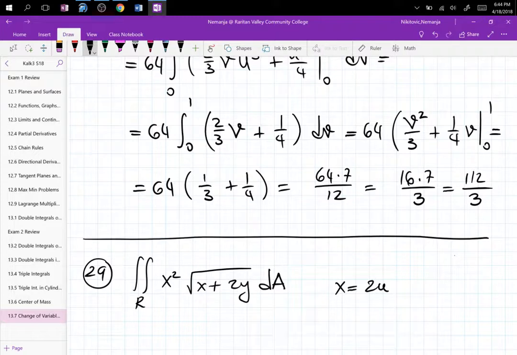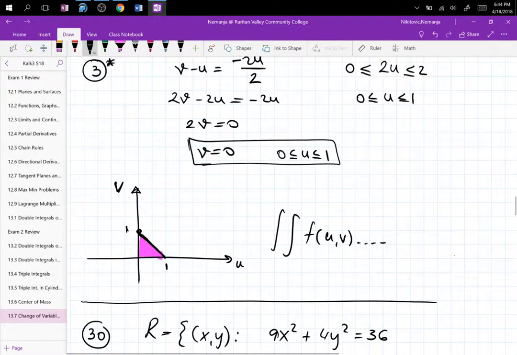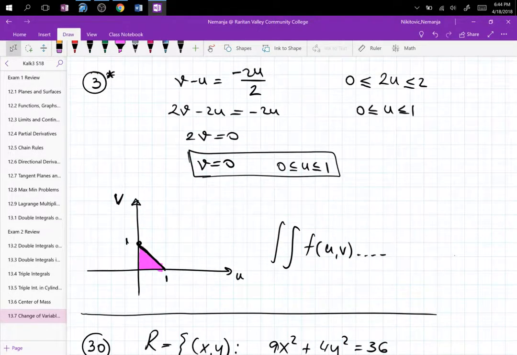So transformation is x equals 2u and y equals v minus u. We just did the transformation for this. I am going to go back and steal that transformation for problem 29, and it's this little beautiful triangle over here, right?